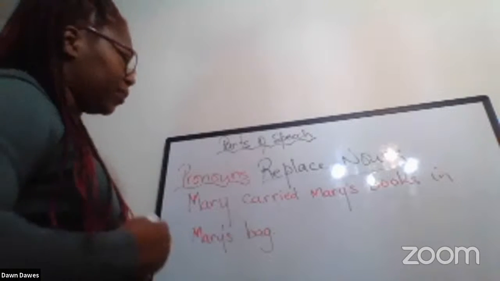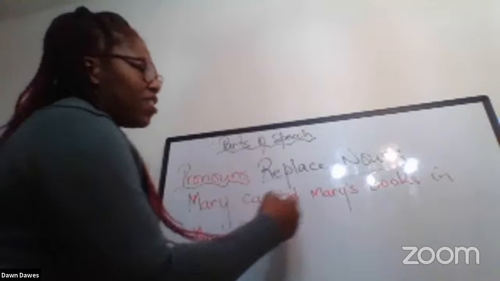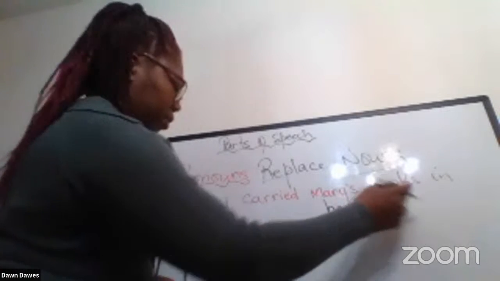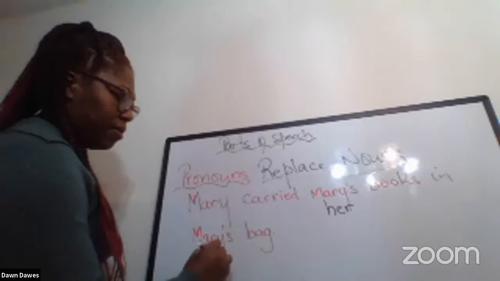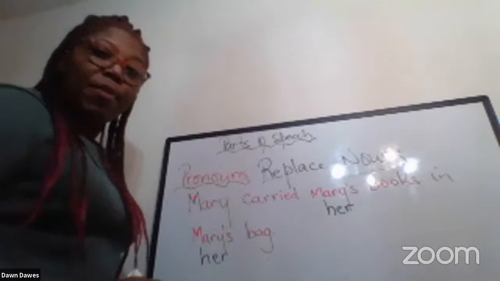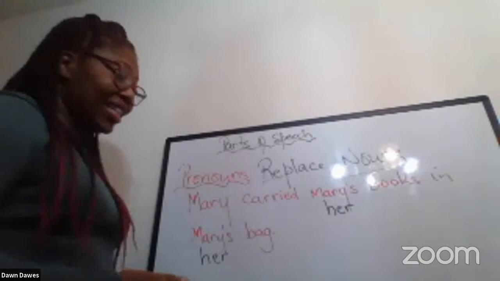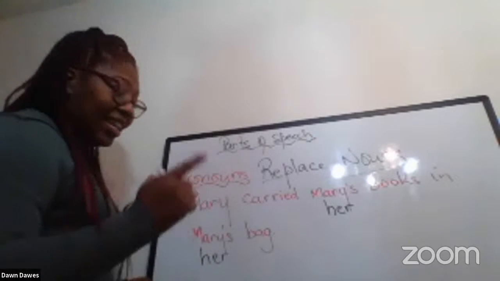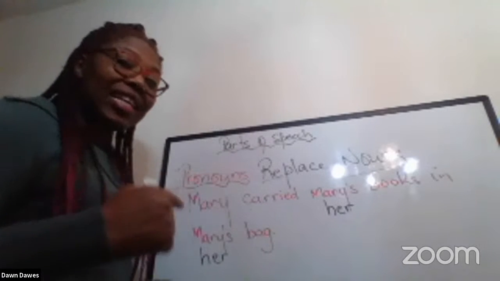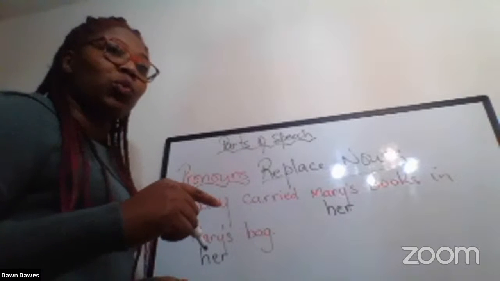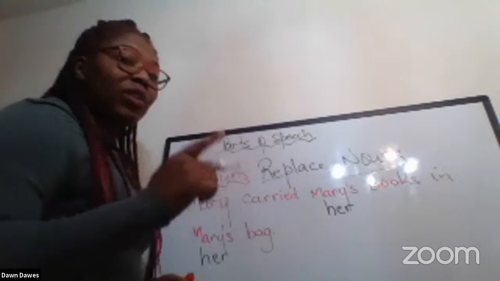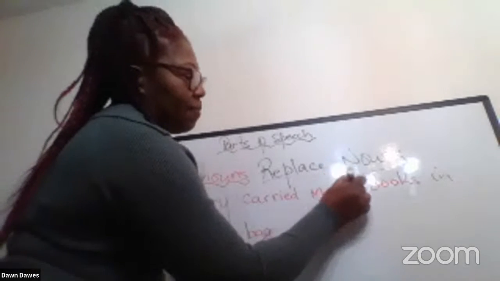So look at this now. Mary carried her books in her bag. See how simple that is? We don't have to be tripping over our tongues and all of that. And in essence, it makes it easier for persons who are not comfortable with the use of the apostrophe.